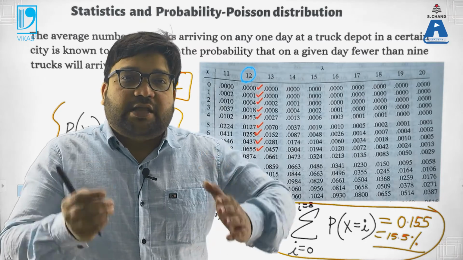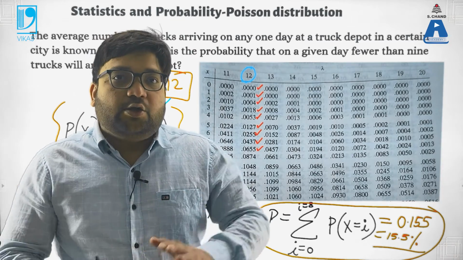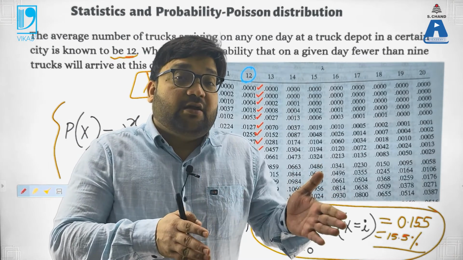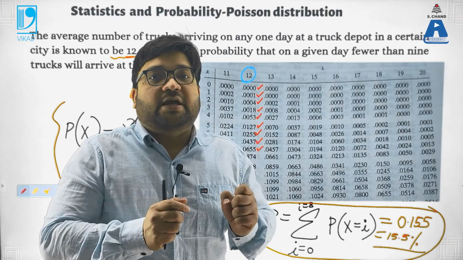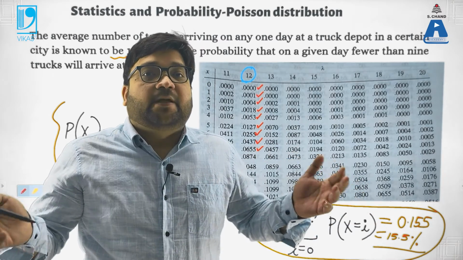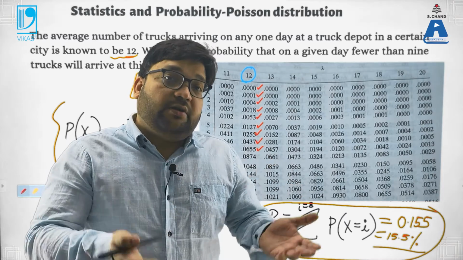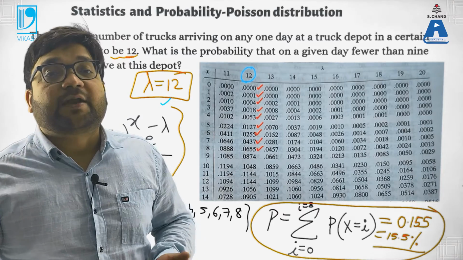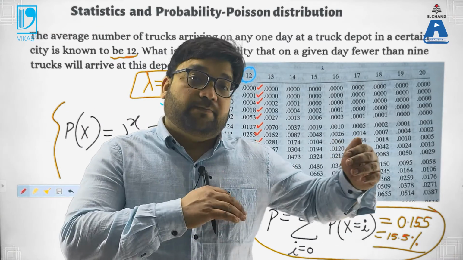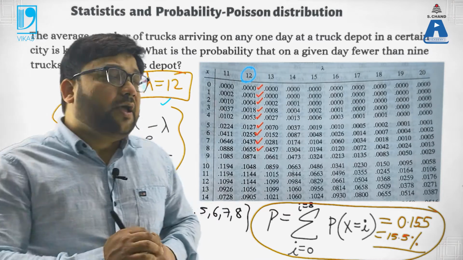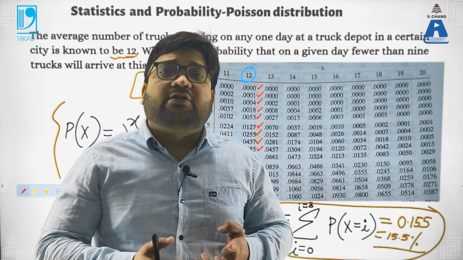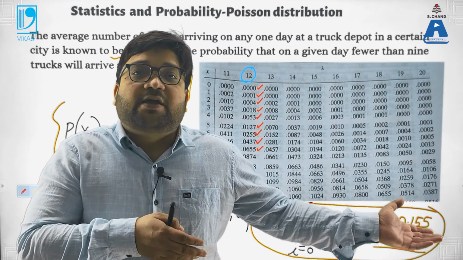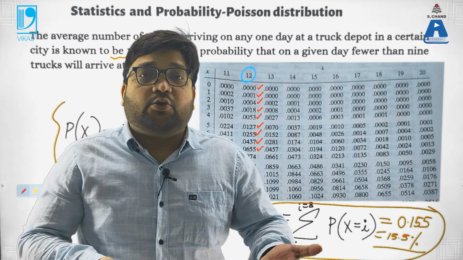You'll try to estimate what are the chances that fewer than 9 trucks are going to come at the depot, because you have goods that can fit only in 9 trucks or more. So you are trying to calculate the chance that you have to wait for another day, shall I book a hotel for myself because I'll have to wait for the next day also.